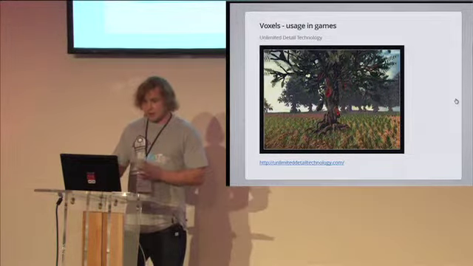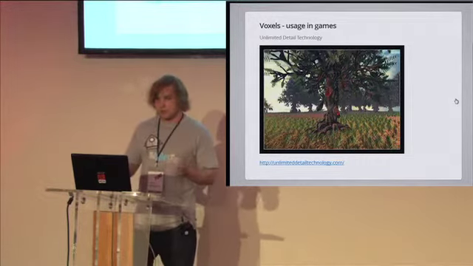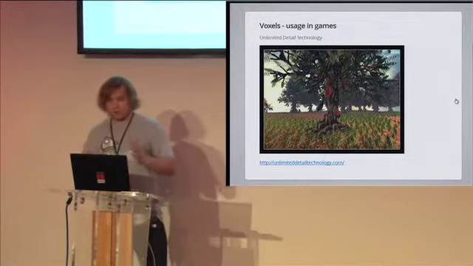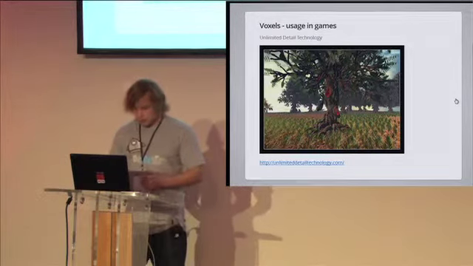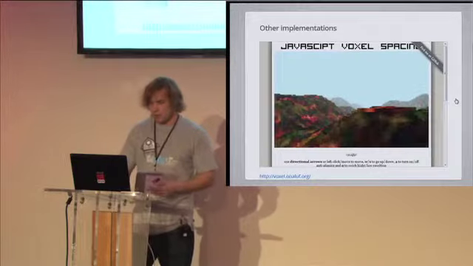As well as the models shown during the demo are all the same, so it's easy to just cut part of our octree and duplicate it. And so basically that's it. Also, for sure, we'll see it in Quake 5 and Doom 4 and whatever.